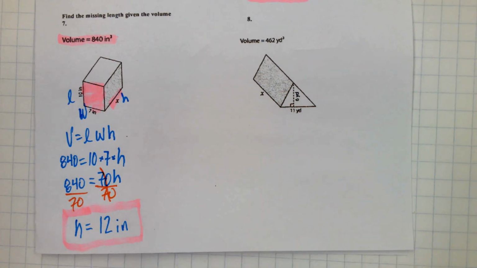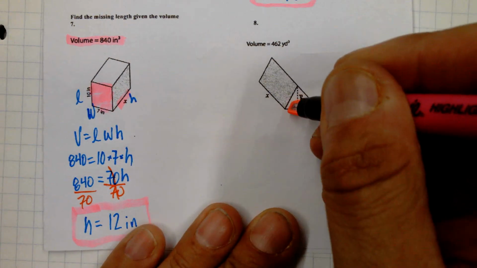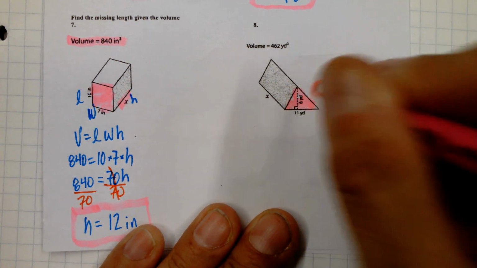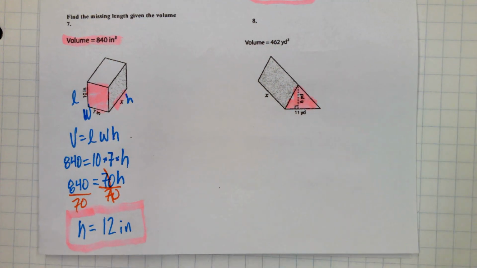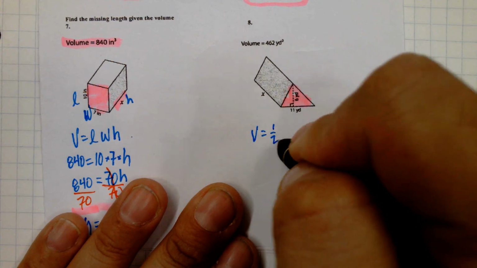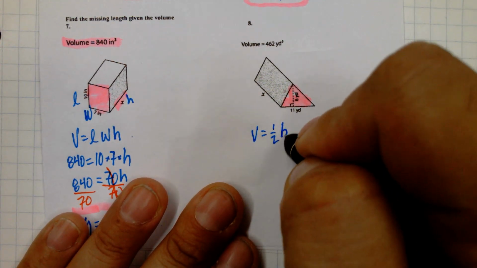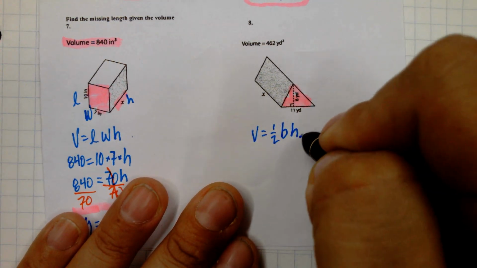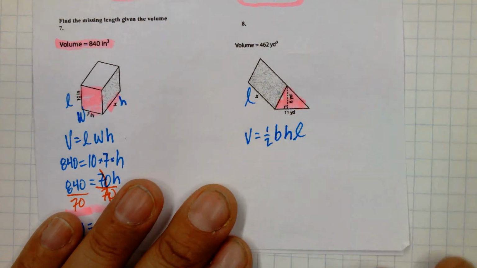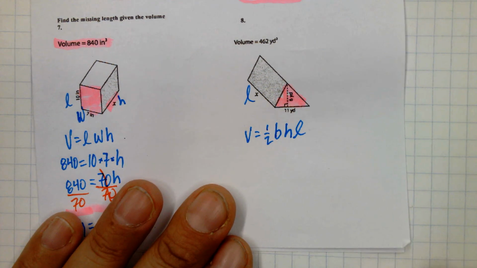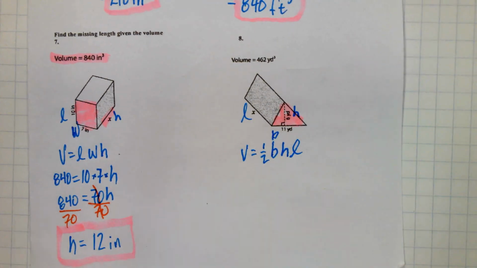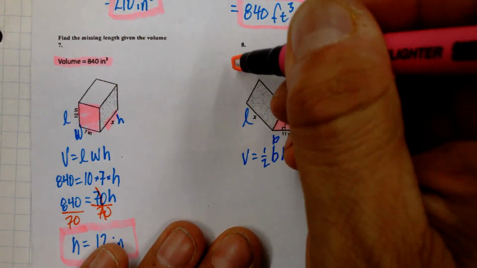What kind of prism is this one? It's triangular, so we got to use that formula. So here's my triangle. Okay, so I'm going to plug in everything I know into this formula. Volume equals 1/2 base, height, length. So I'm going to say the length is a part I don't know. There it is. It looks like the length. I'll say this is the base. This is the height. Do I know the volume? 462.